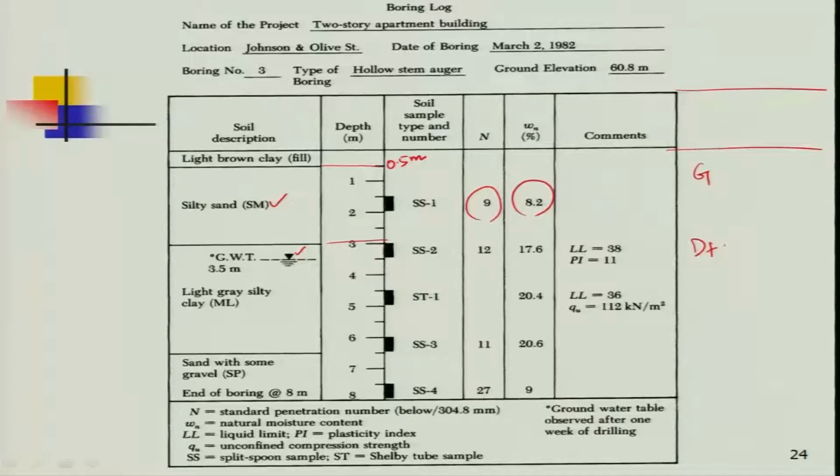Second, and most important, whether you will go for a shallow foundation or a deep foundation. If shallow, what kind of foundation: strip, square or rectangular. Then at what depth: say 1 meter below the ground surface. Then what should be the size: if square, 2 meter by 2 meter is enough.